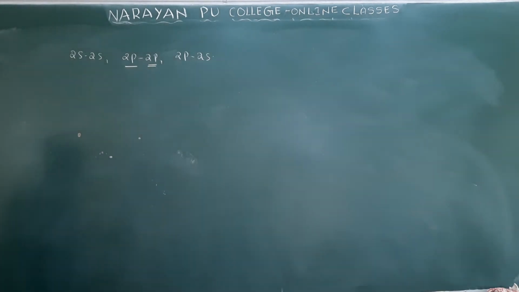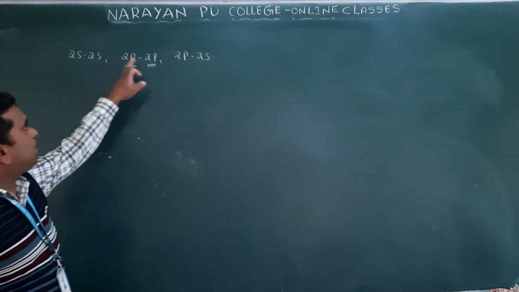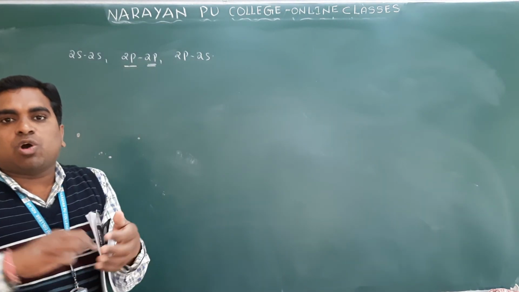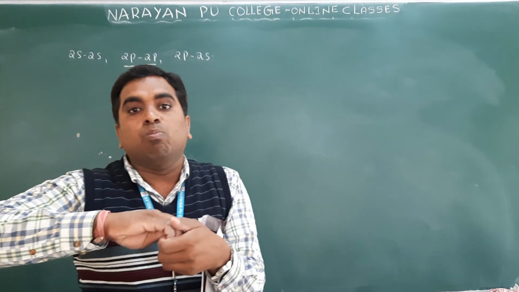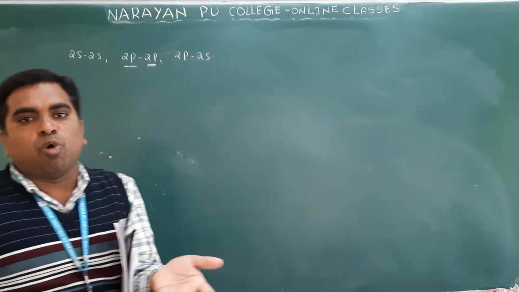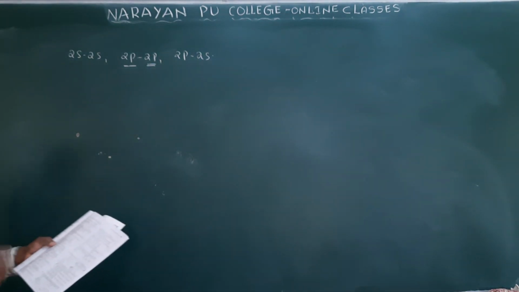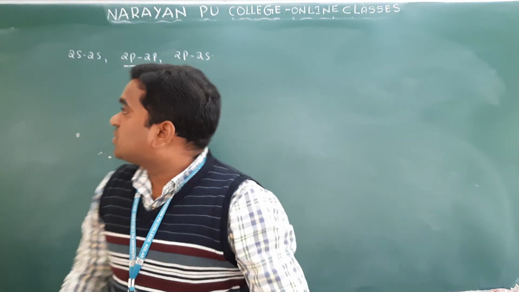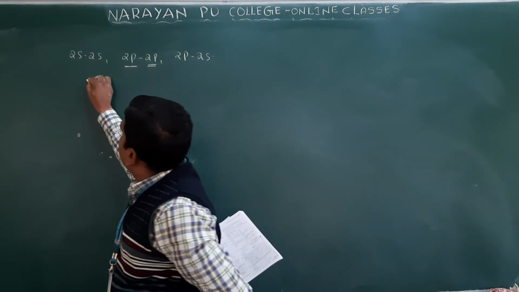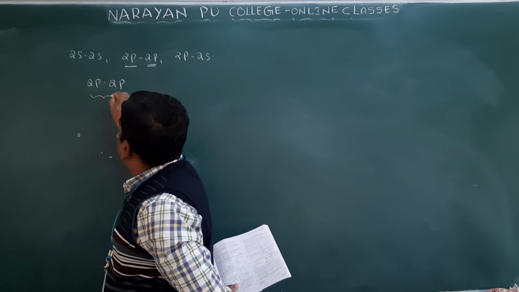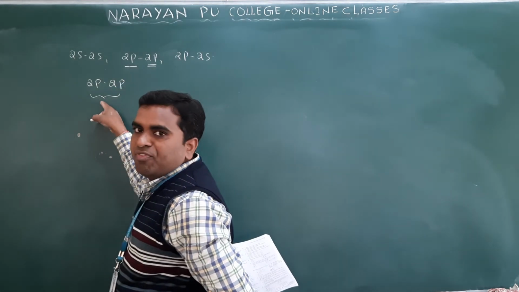So both p orbitals, 2p-2p, are directional, which means the extent of overlapping will be more, then the bond will become stronger. So 2p-2p is more directional, and the bond formed by 2p-2p will be very, very strong.